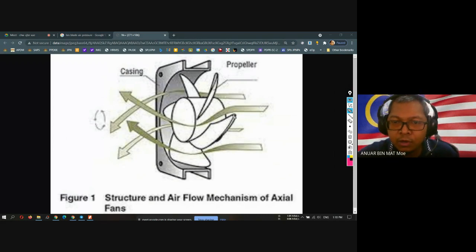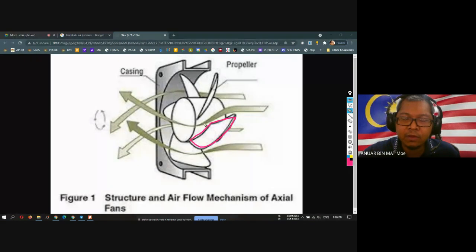It is distorted a bit, like here. So when the air goes through the fan, it will go to higher pressure. That's why it can flow through the fan.